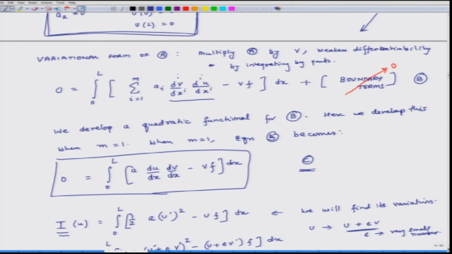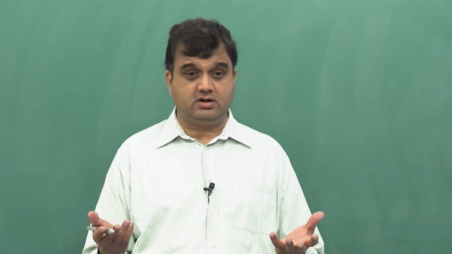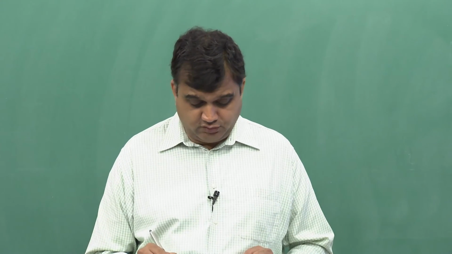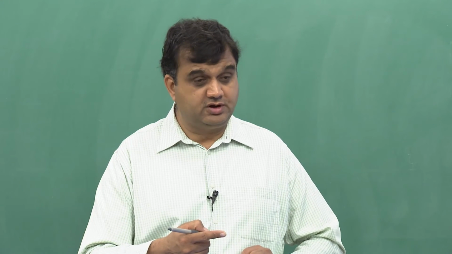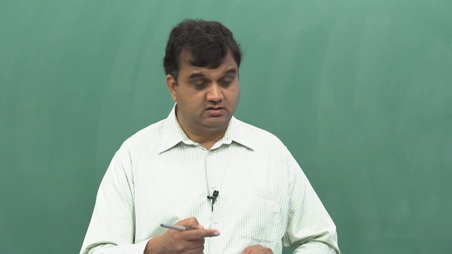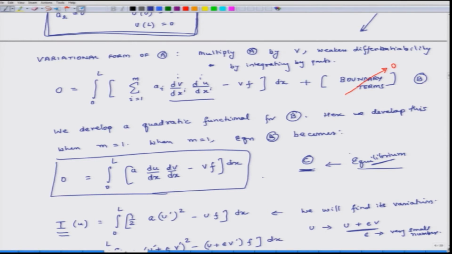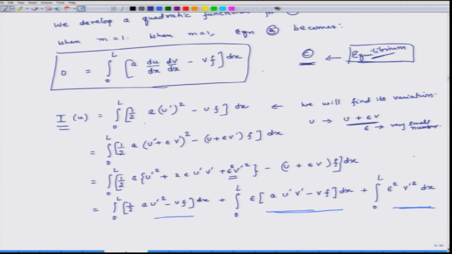So, this represents equilibrium, because the ordinary differential equation was the differential equation for equilibrium, and equation C has directly come from that equilibrium situation, right. So, this represents equilibrium of the bar. Now we will look at this term.